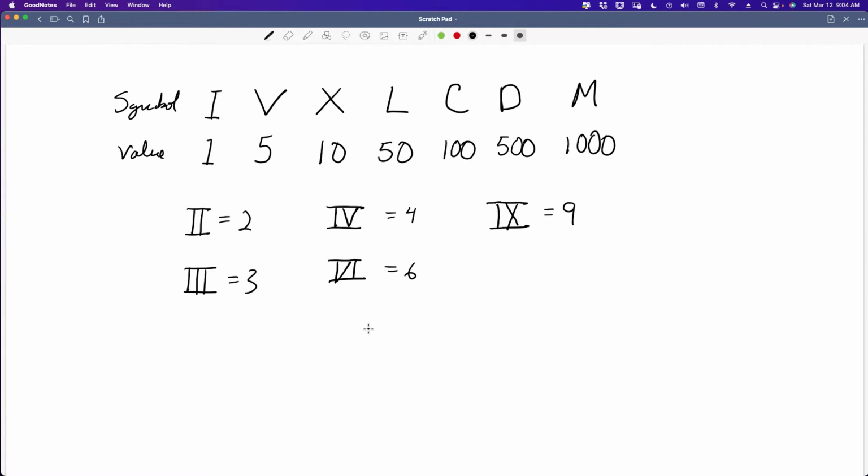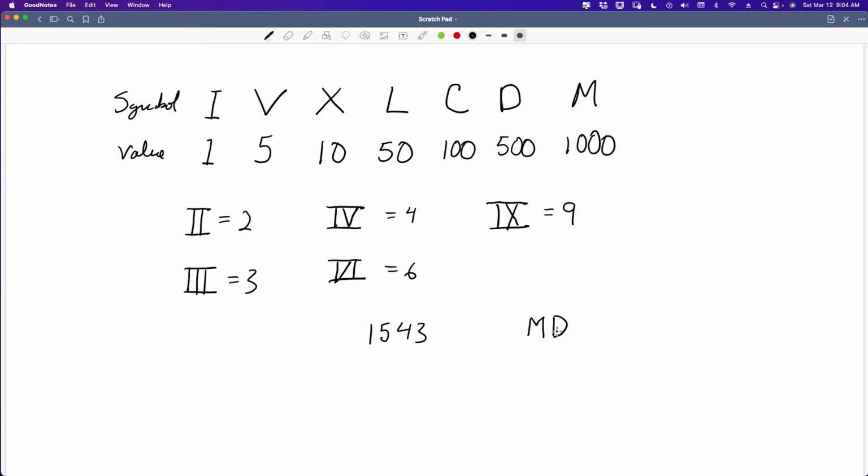If they wanted to say a really big number, like 1,543, they would start with 1,000. That would be M. And then they would do the 500, which would be D. So that's the smaller number to the right of the larger number. So that's 1,000 plus 500.